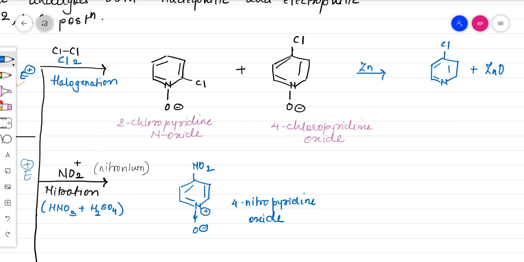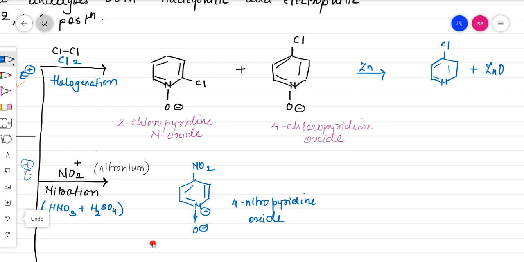So this is one way of preparing chlorinated pyridines, because direct halogenated pyridine may not be possible. So we may get something like this. Fine. Okay, now let's go for the next reaction.